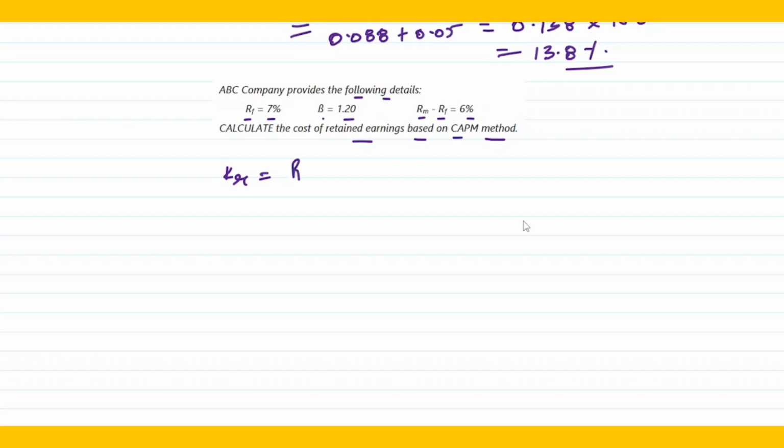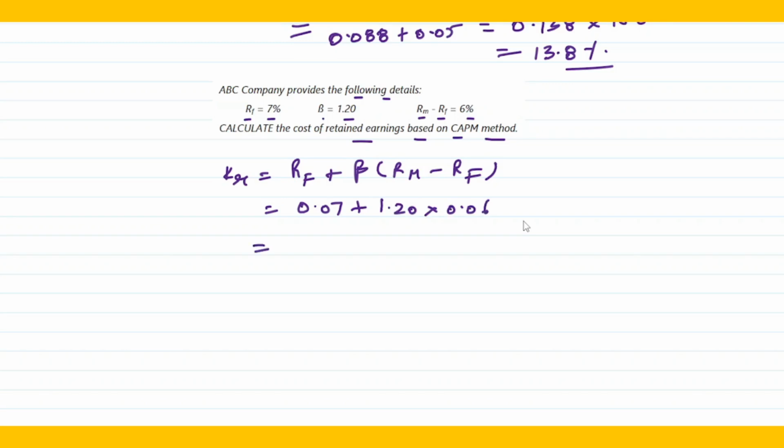So what is the formula? It is RF plus beta into RM minus RF. How I arrive at this formula is more clearly explained in the cost of equity video, so please refer to that. RF is basically 0.07, that is 7%. Beta is 1.20, and RM minus RF is directly given as 0.06, that is 6%.